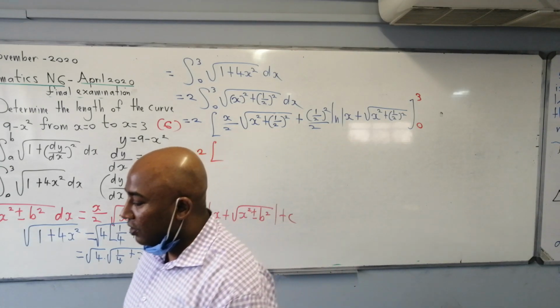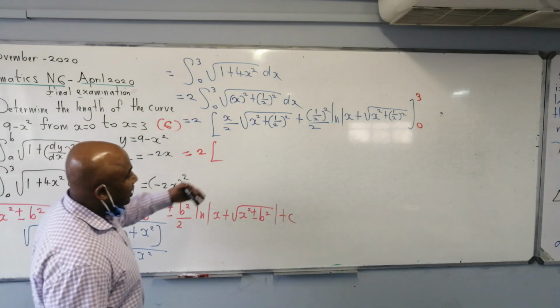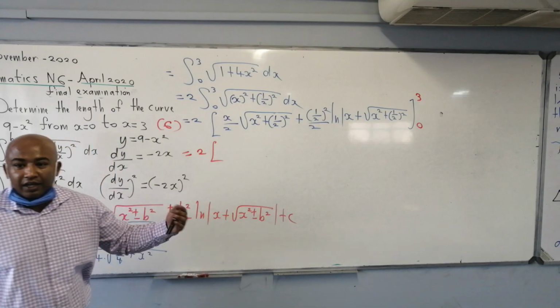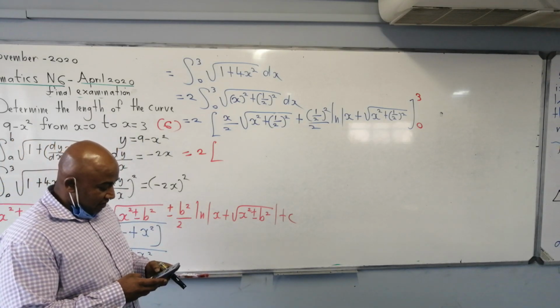You don't have to go and simplify, you're wasting your time. The main thing is you apply the formula, it's a correct standard form, and now go straight to your calculator and substitute these values.